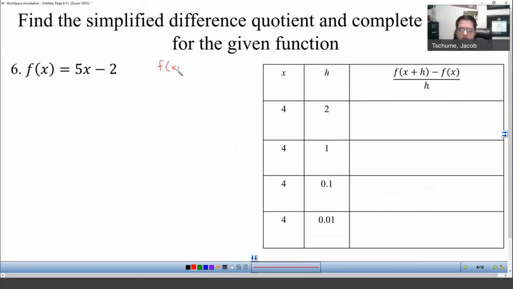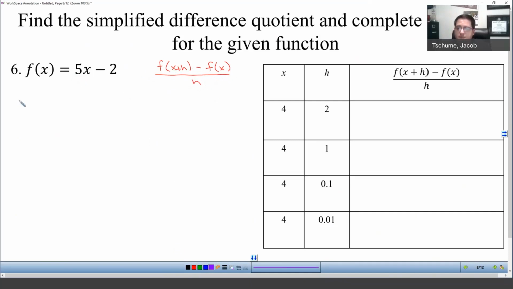So the formula for the difference quotient is f of x plus h minus f of x all over h. The first problem that I want to do is f of x equals 5x minus 2. I'm going to substitute everything into my problem.